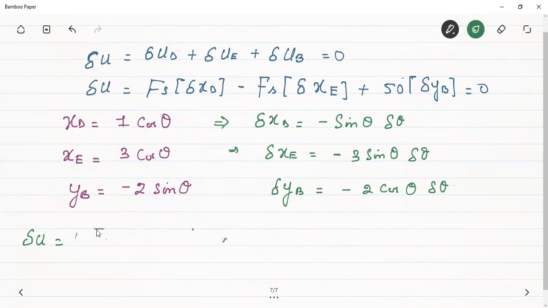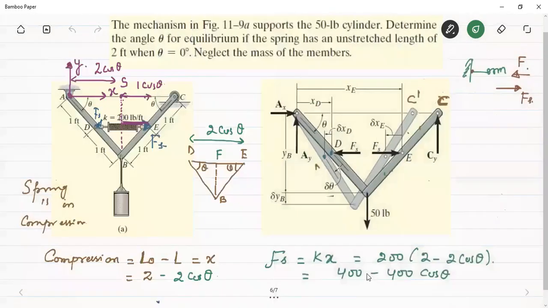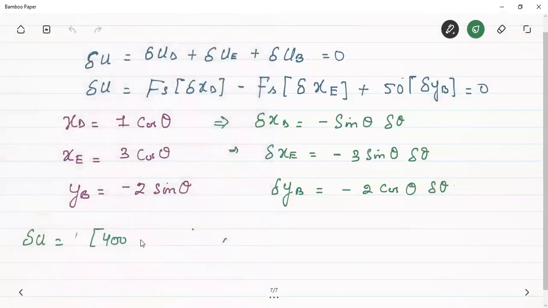So the spring force could have been taken common, therefore it was equal to 400 minus 400 cos theta, and in the brackets we will have delta xd minus delta xe, that will be equal to sine theta delta theta minus, only the magnitude, 3 sine theta delta theta.